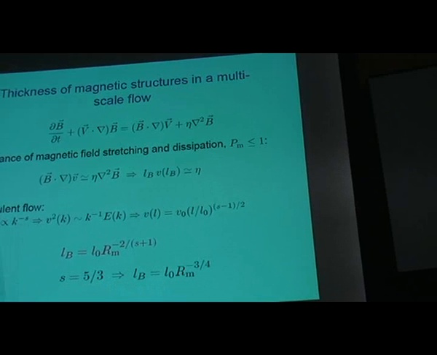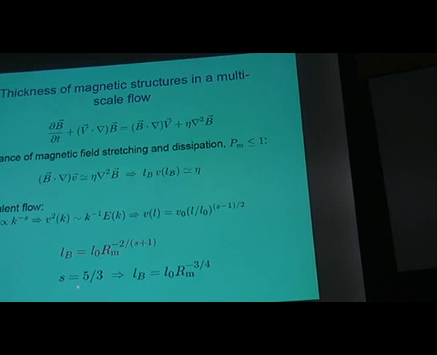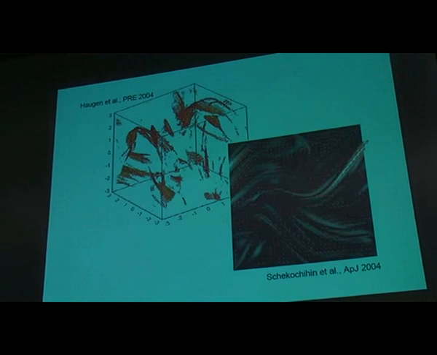Now, if I have a power law spectrum for the magnetic field, I know how V depends on LB, and I immediately get the scale of the magnetic field. The scale of the magnetic field depends on the spectral slope. For S equal to 5/3, Kolmogorov spectrum, I get the value 3/4 here, familiar to many. So this is my prediction for the behavior of this width as a function of Rn.